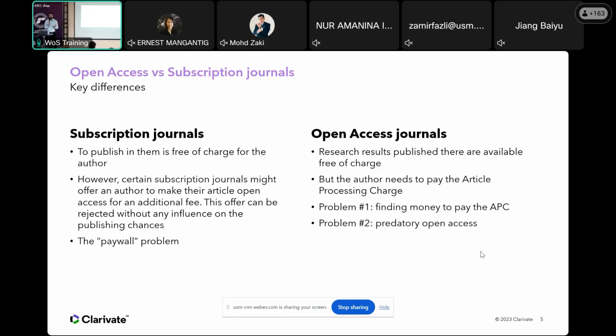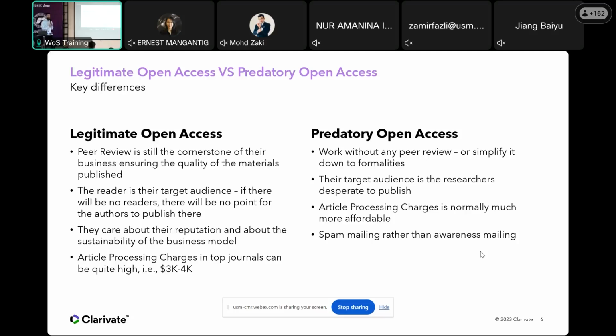Certain publishers might be really tempted to publish more because more authors want to bring them money to publish the record, and they might be willing to sacrifice the quality of the records just because it's not the end user who is basically paying for the subscription. And that's how all the predatory open access occurred.